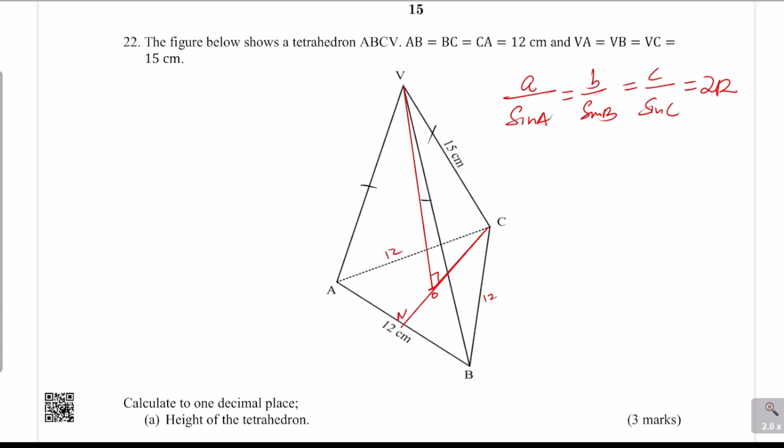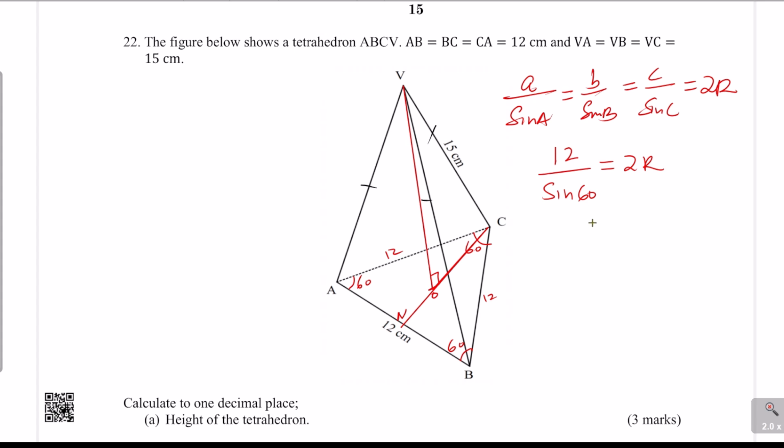I can decide to use one of these sides, and since I know that this is an equilateral triangle, all these angles are 60, and all the sides are 12 centimeters. So I can use one side being 12, and the sine of one of the angles, that is 60. This should give me 2 radius. The radius in this case will be CO.